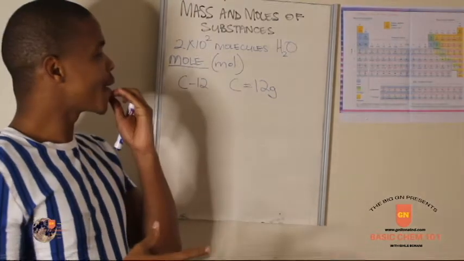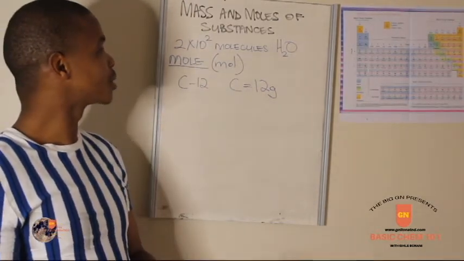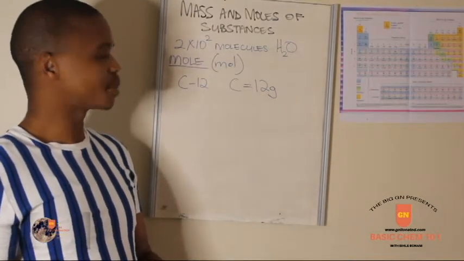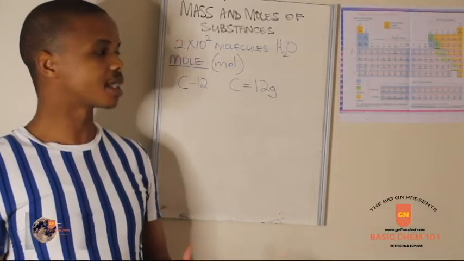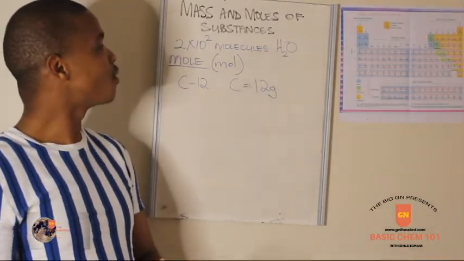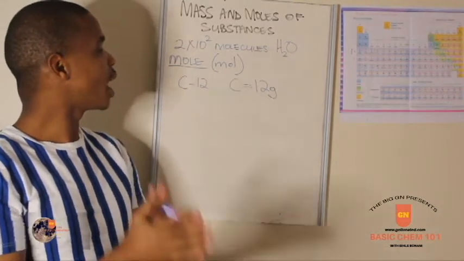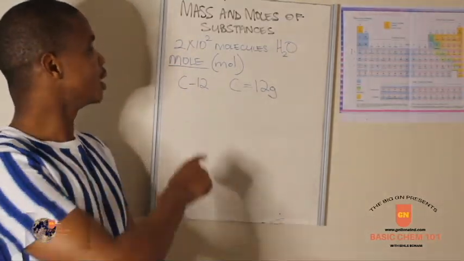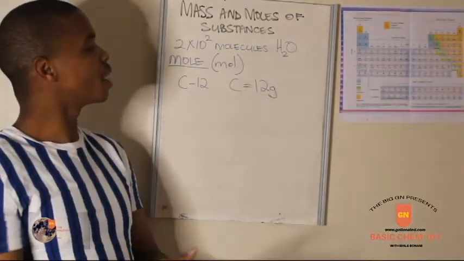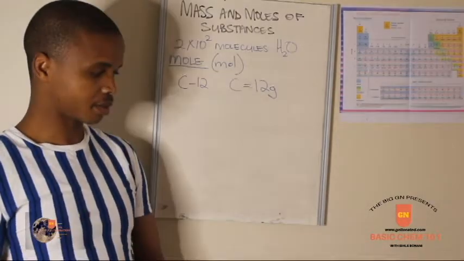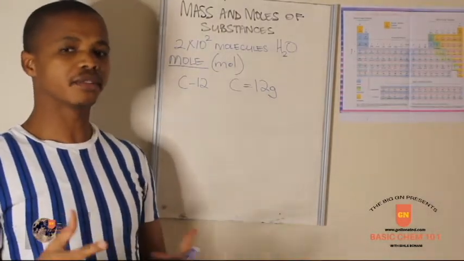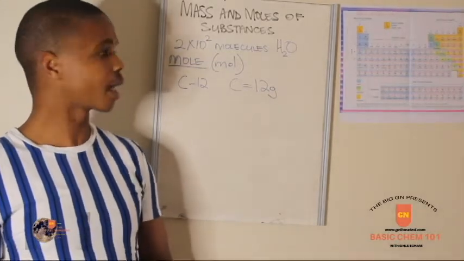So a mole is of any substance: 1 mole of any substance consists of the same number of molecules or atoms as the number of carbon atoms in 12 grams of carbon 12. So that is a mole, and that is the definition of it.